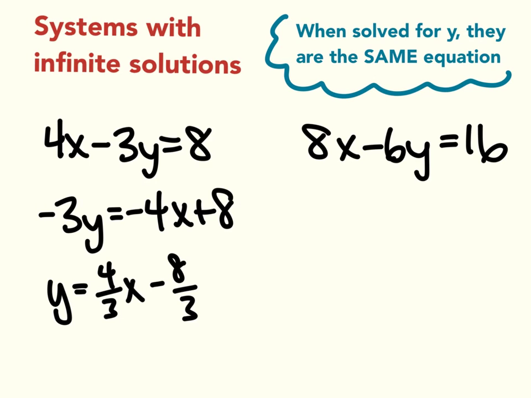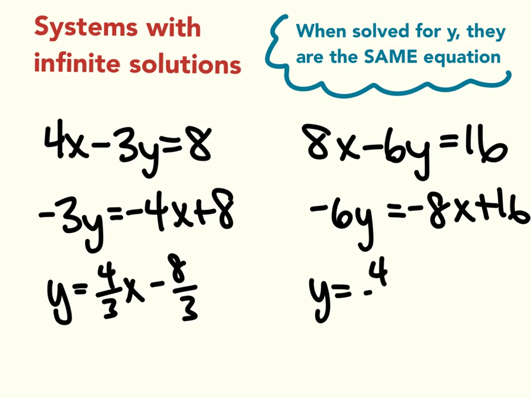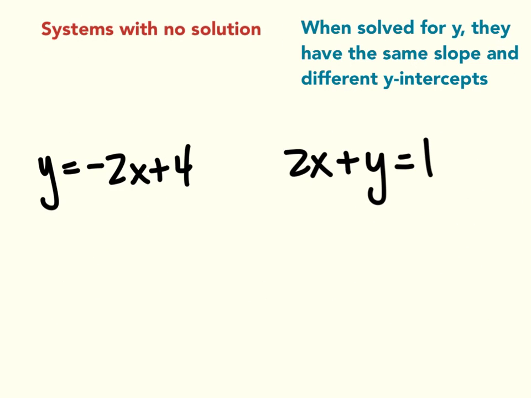The second equation, negative 6y is equal to negative 8x plus 16. After dividing each of these by negative 6 and reducing, we again get 4/3 x minus 8/3. Because these are exactly the same, their graphs are going to lie right on top of each other, and we'll have infinitely many solutions.